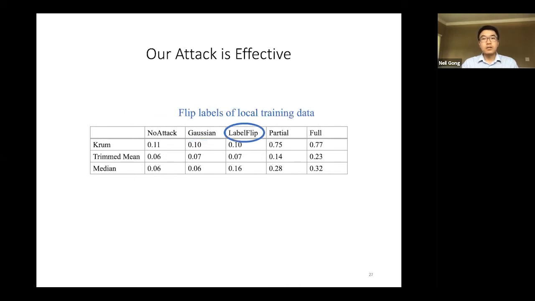This column means flipping the labels of the local training examples on the malicious clients. This column means our attack in the partial knowledge scenario, and this column means our attack in the full knowledge scenario.